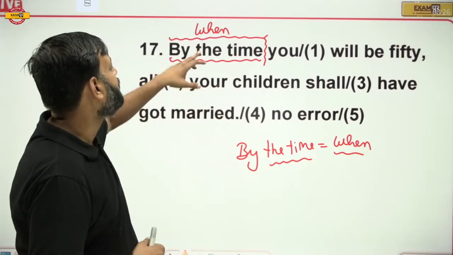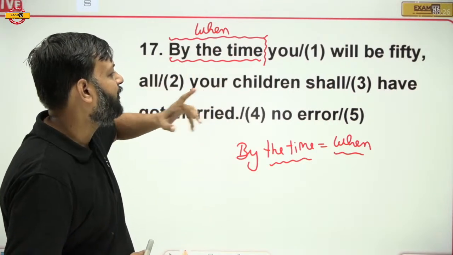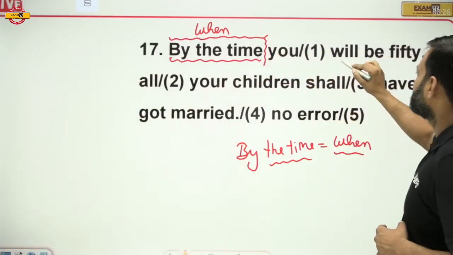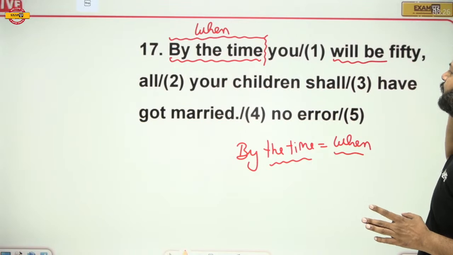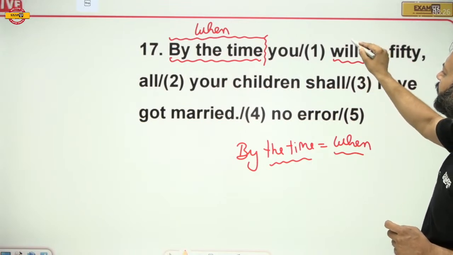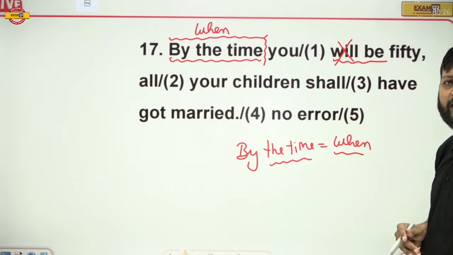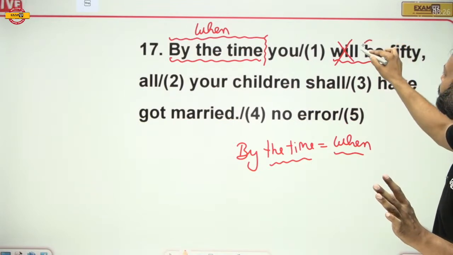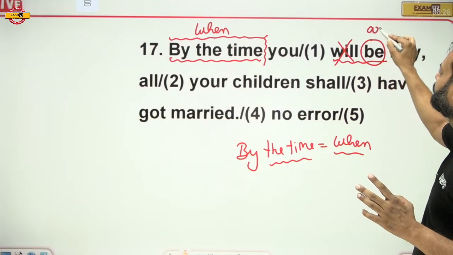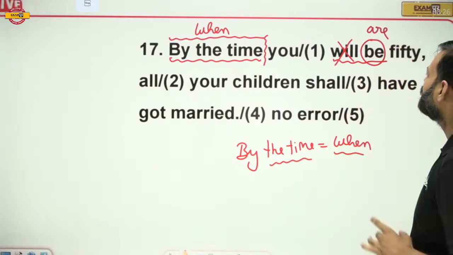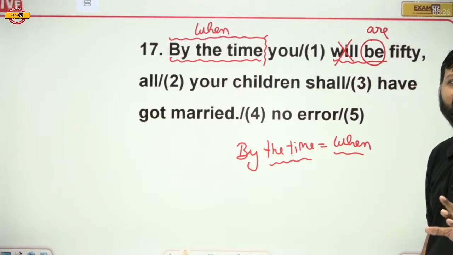So after when, future tense will not come. Here, will has to be removed, and in place of be we need are. So the sentence would be: by the time you are 50.